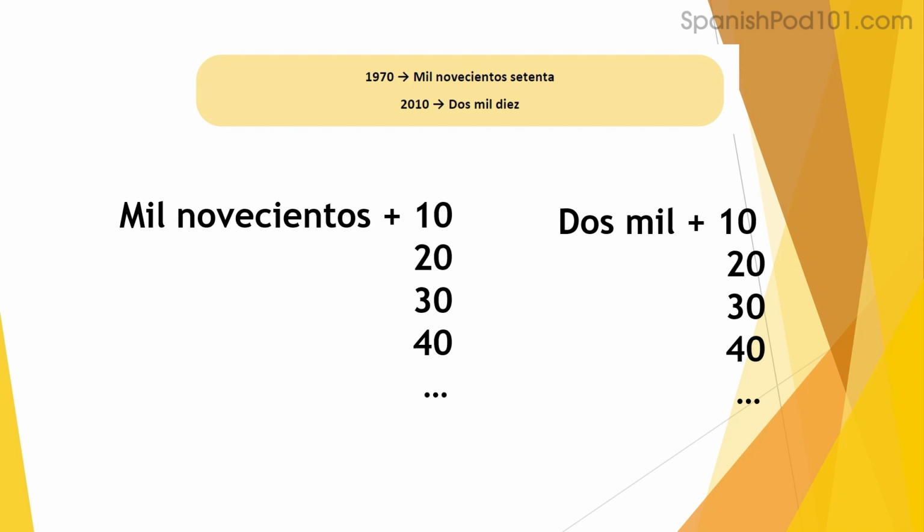So basically what we're saying here in Spanish is mil novecientos setenta. Okay, that's what we're saying. Let's continue with 2010. In Spanish we're saying dos mil diez. Okay, repite.